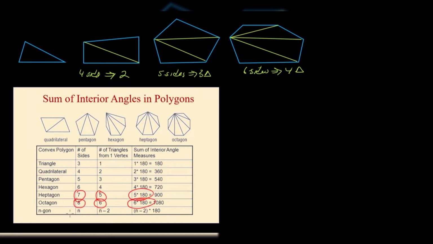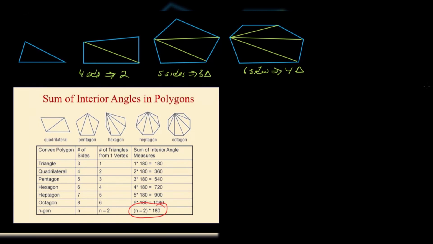And for an n-gon, which means n sides, you can make n minus 2 triangles, 2 less than the number of sides. Therefore, the sum of the interior angles is going to be n minus 2 times 180 degrees. That's the formula for the sum of interior angles of a polygon.